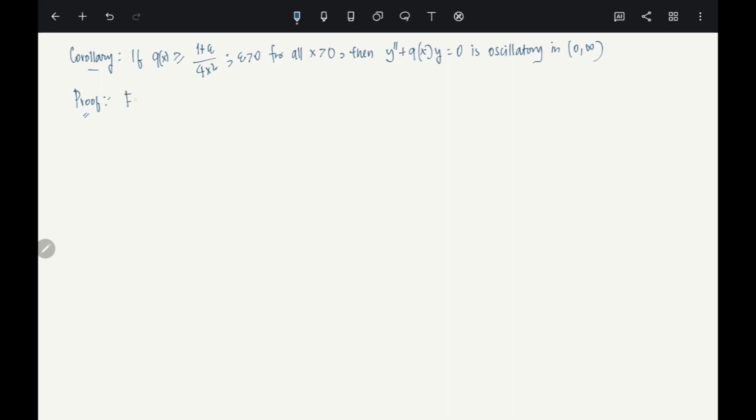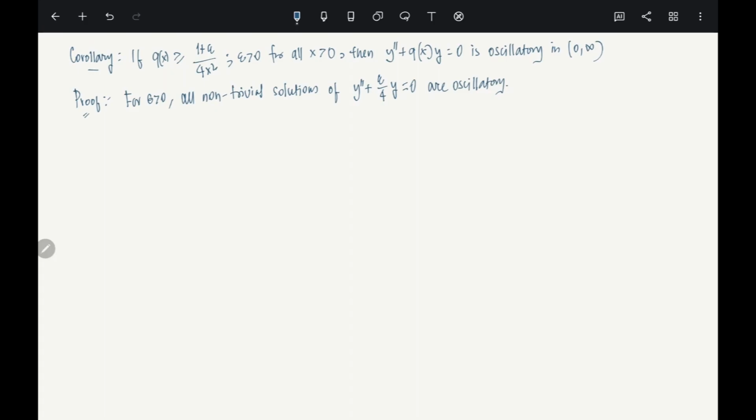So, for epsilon greater than 0, let's look at all non-trivial solutions of y double prime plus epsilon by 4 y equals 0. They are oscillatory, right?